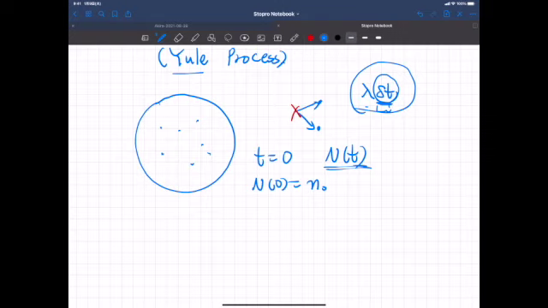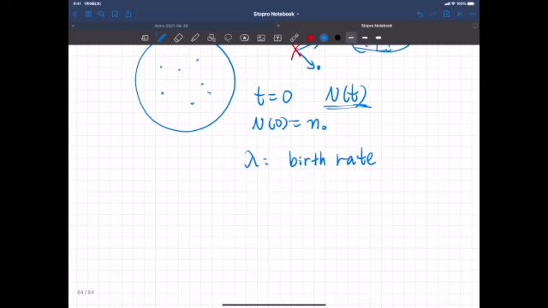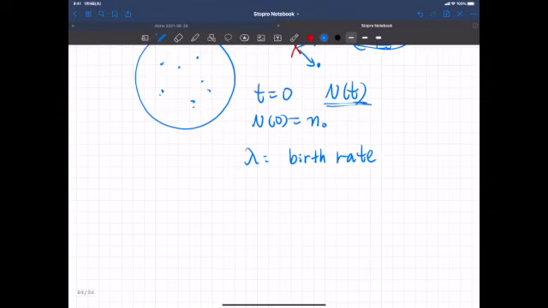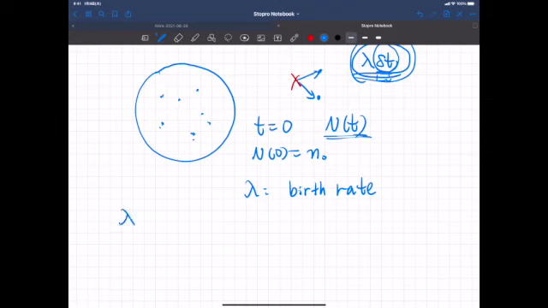This lambda is the birth rate. So if there are n cells, this is the probability of one cell dividing, and the probability that any one of the cells divides is given by lambda times n times delta t.